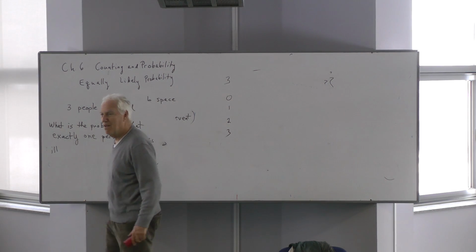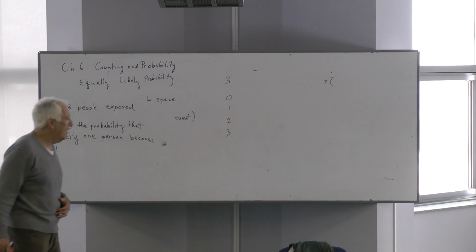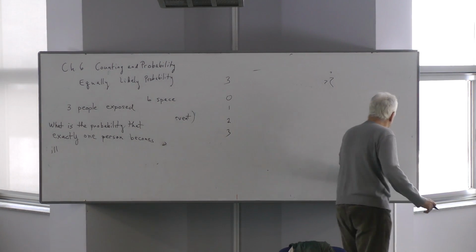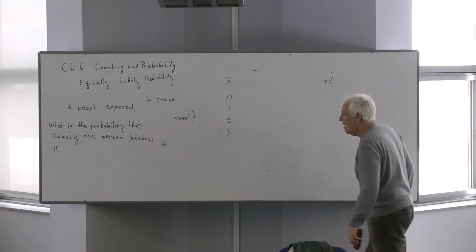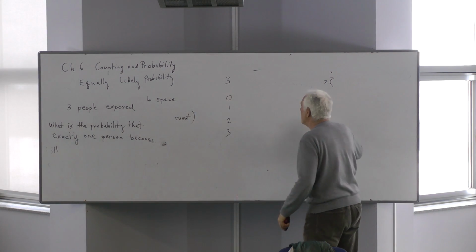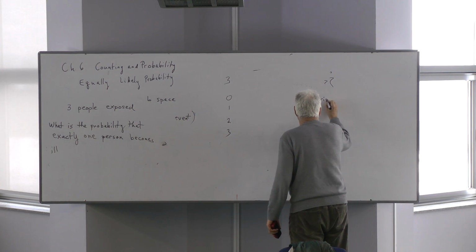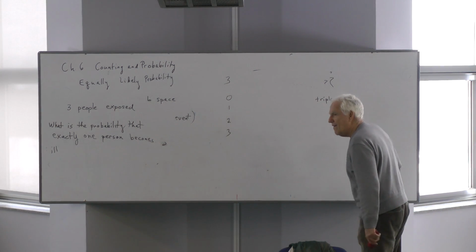Now, what is your sample space? Well, you have three people, so look at triples. What's a triple? Three people, correct?